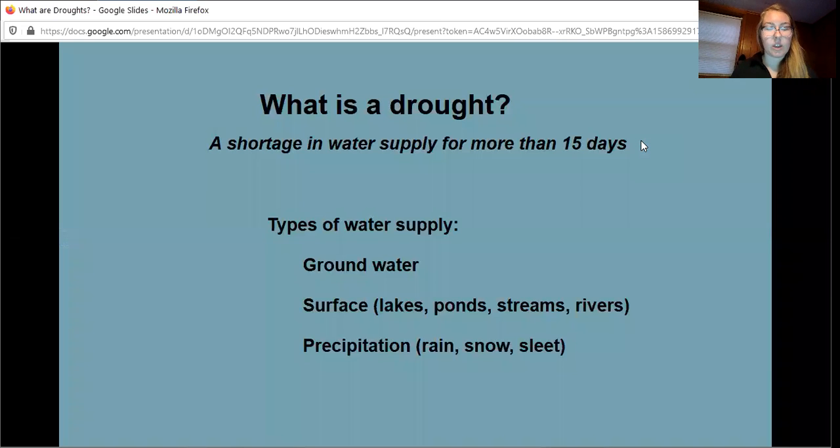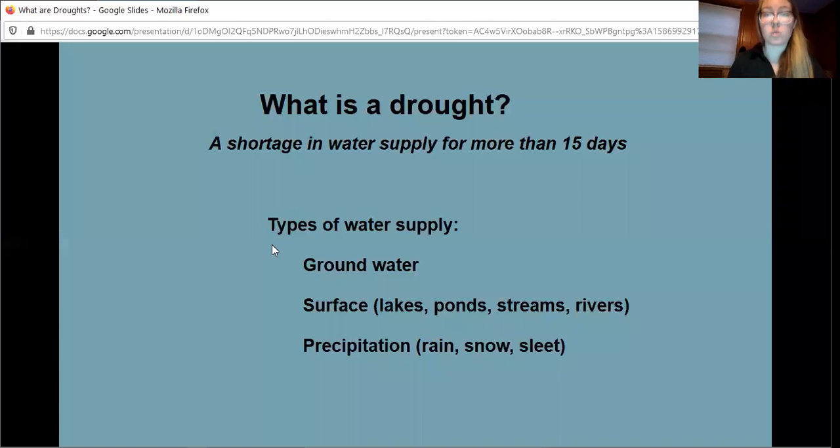So you might think, what is a drought? It's exactly what I just said. It's when there's a shortage in water supply for more than 15 days. So that means that there is no sort of rain, and because there's no rain, now other water supplies are starting to dry up. And so water supplies are things like groundwater.